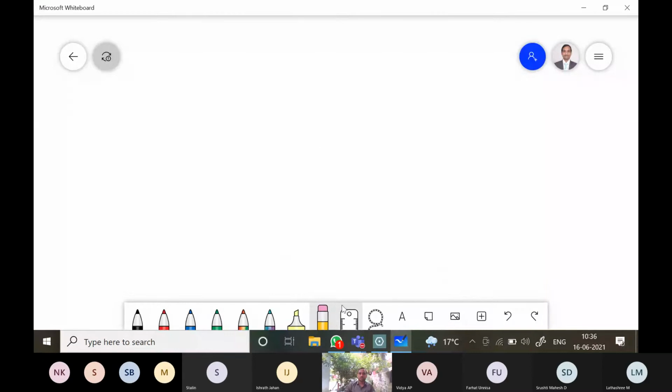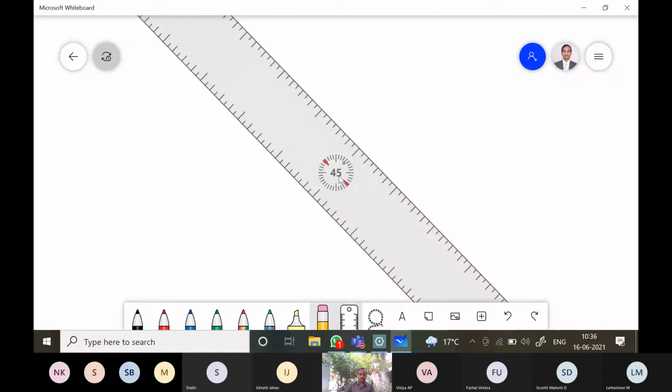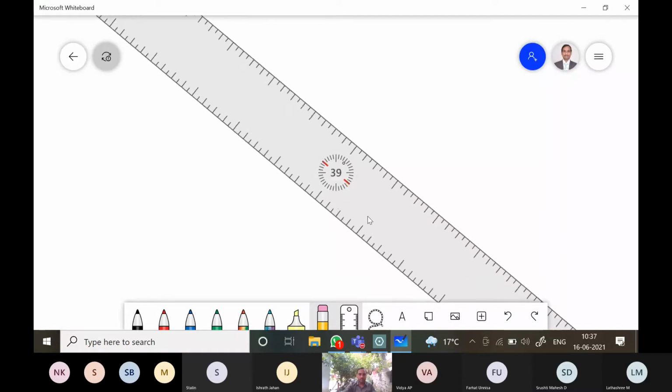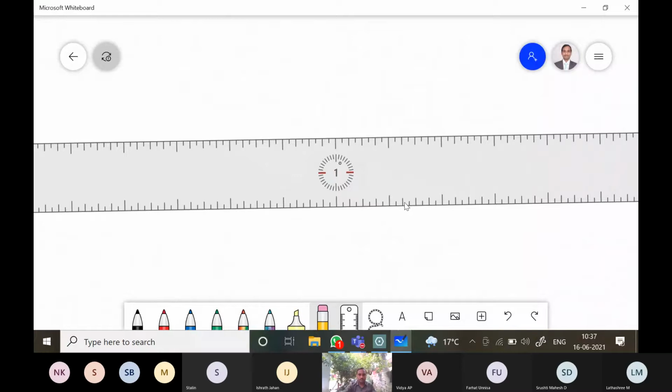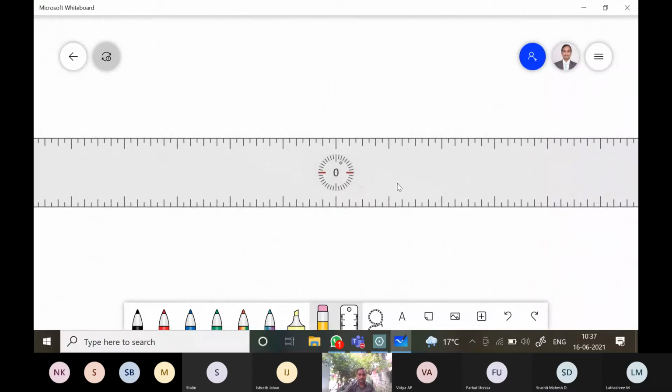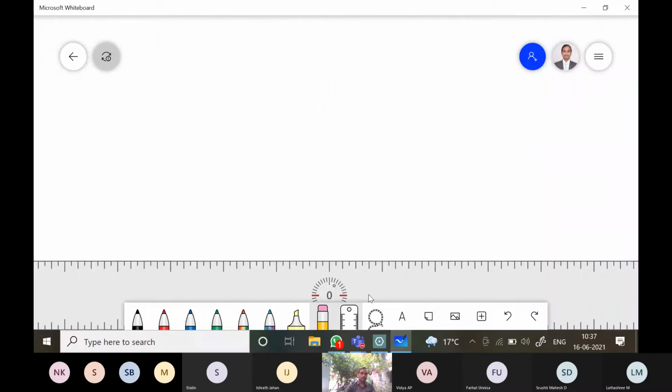Okay, now draw using the scale. So take the scale, draw a horizontal line, and also a vertical line.